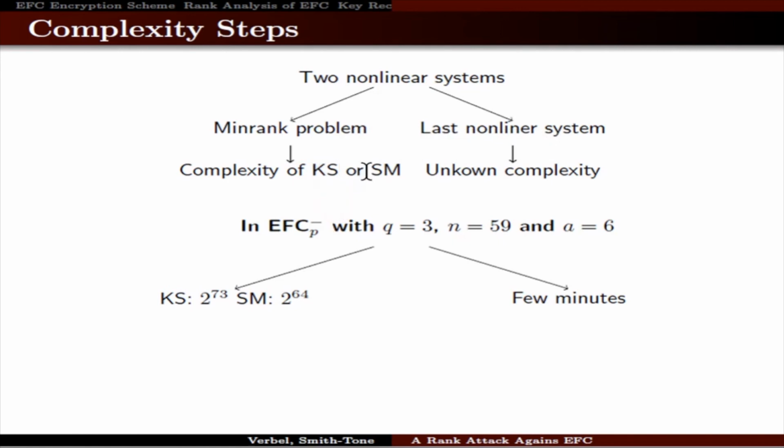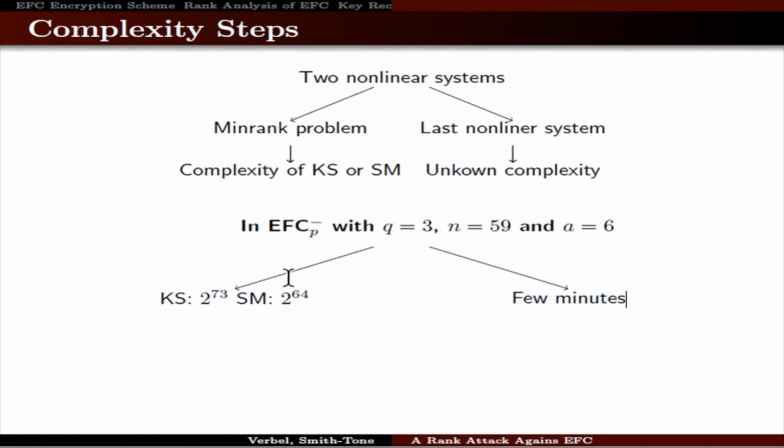But then we realized, because this method came after we published our paper, that we can also use support minors in this case, and we get better complexity. For the second nonlinear system, we don't know the complexity, but as I told you, for the proposed parameters in the original paper of extension field cancellation, we solved the system in just a few minutes, like 12, 15 minutes. It's no big deal.